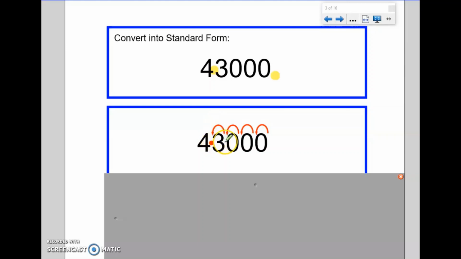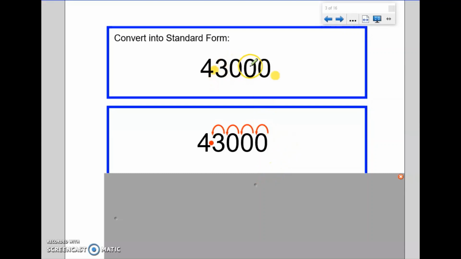I couldn't have stopped here because I would have been dealing with the number 43, which is too big. And I couldn't have continued on to here because I would be dealing with the number 0.43, which is too small. So essentially what I've done there is I've divided by 10 times 10 times 10 times 10. I've divided by 10 to the power of 4.